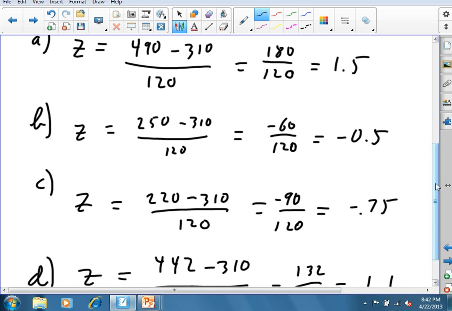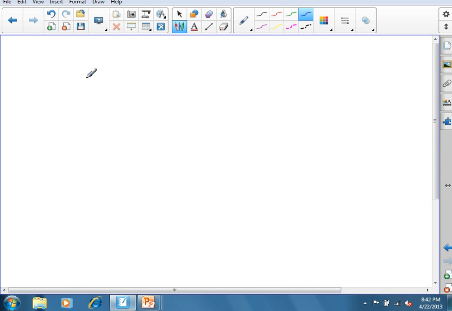19. Find the standardized value of Q1 in any normal distribution. Okay, so Q1 is the mean minus 0.675 sigma. Alright, so we want the standard value of Q1. Okay, so that's going to be, I forgot already.